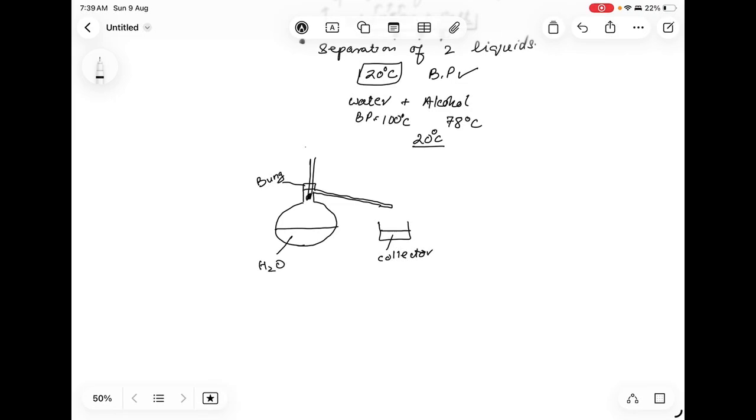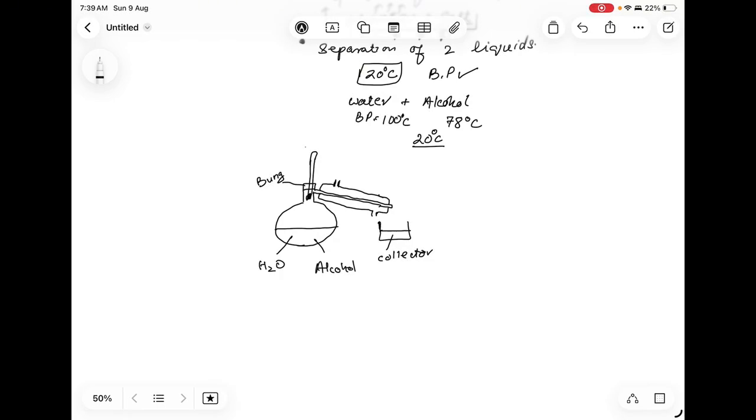Let's say it's water and alcohol, and we have this thermometer attached. And by the way, there is one more addition of an equipment, and it's known as a condenser. Some people call it a water jacket. So condenser is something which looks like this.